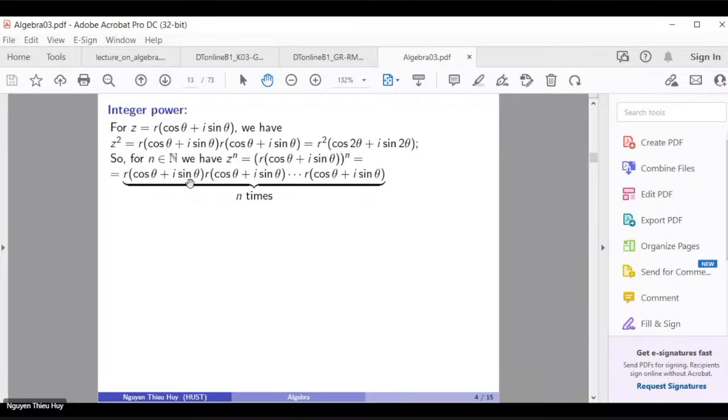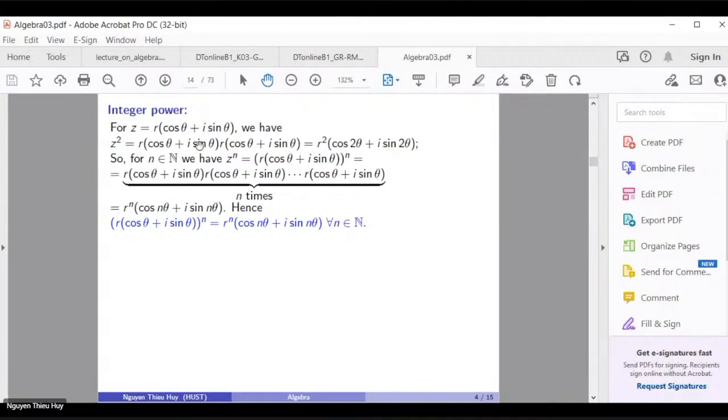We just write it down n times, and we just multiply the r here. How many r? We have n number of r, so this is r to the power n. And for theta, how many theta in cos? Again n, so you add theta plus theta n times, so you obtain n theta.